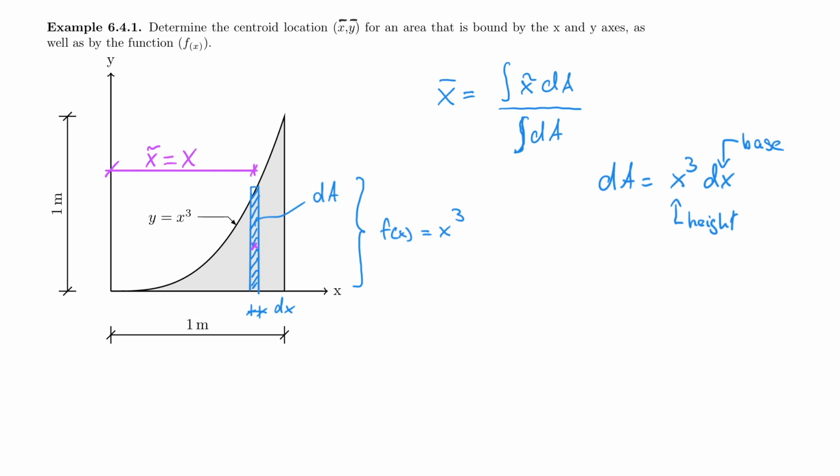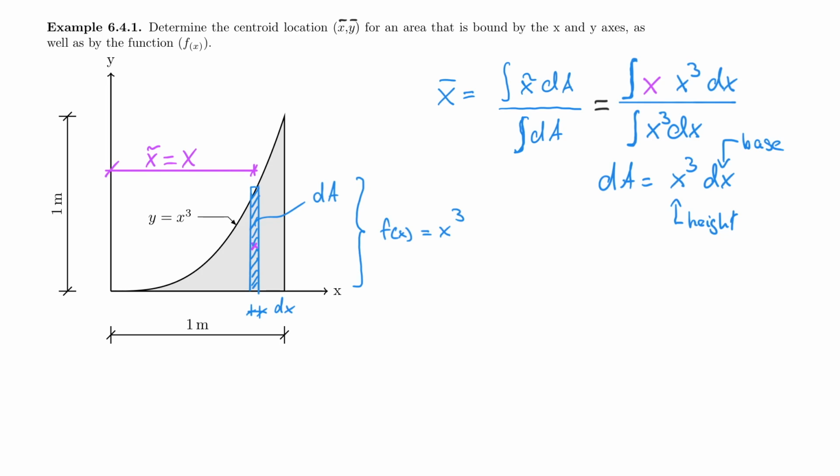And therefore, I can now say that my equation up here is actually equal to x multiplied by x to the 3 times dx. And of course, the whole thing integrated. And last but not least, I need to integrate the entire area, or I need to find the entire area, and that's just x cubed dx.